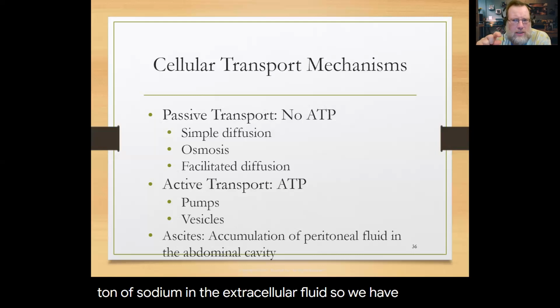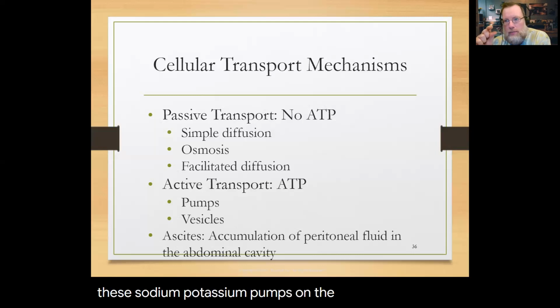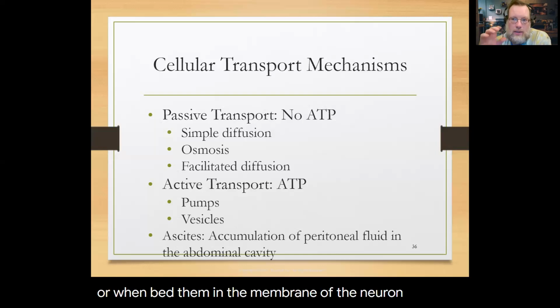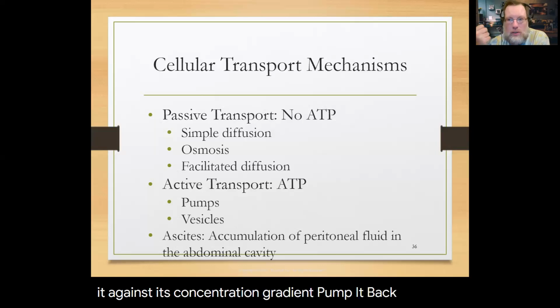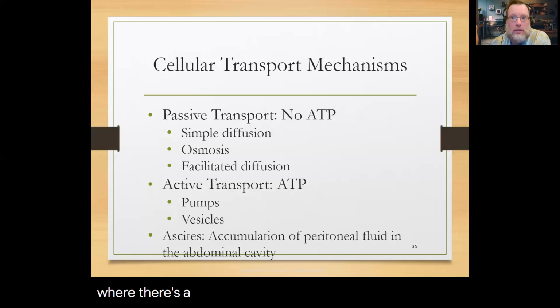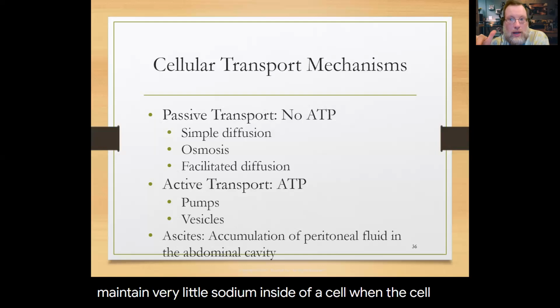So we have to put these sodium potassium pumps on the membrane, or embed them in the membrane of the neuron, so we can take that sodium that's inside of the neuron and pump it against its concentration gradient, pump it back out to where there's just a ton of sodium. We need it out of there. We want to maintain very little sodium inside of a cell when the cell is at rest.